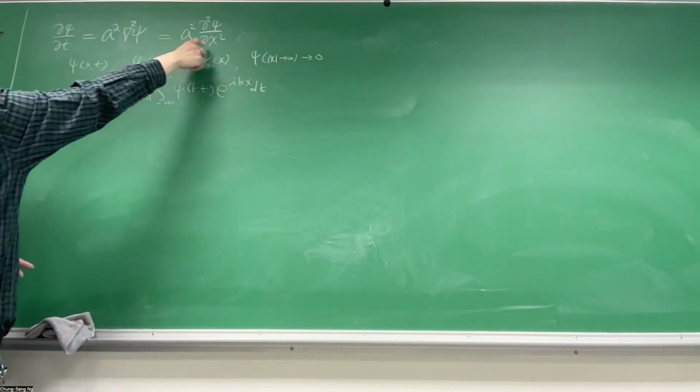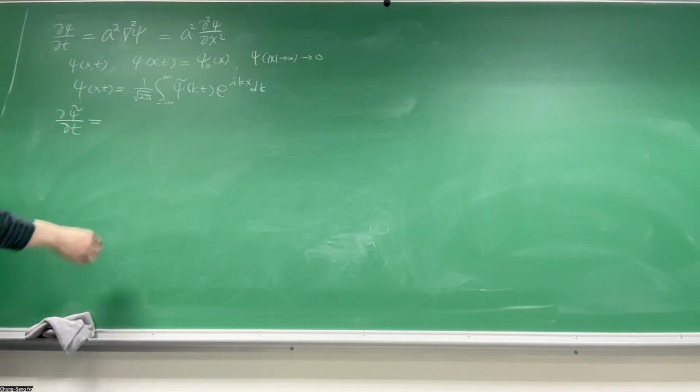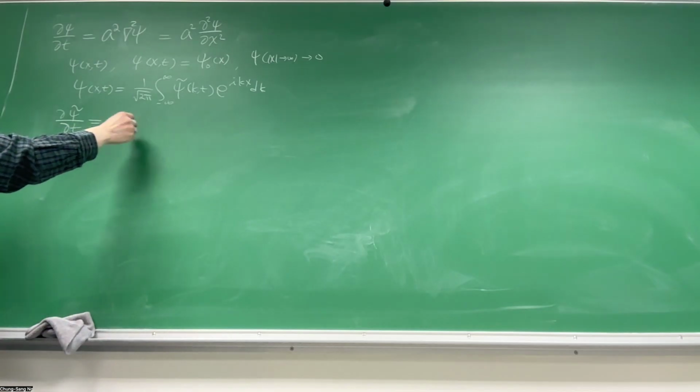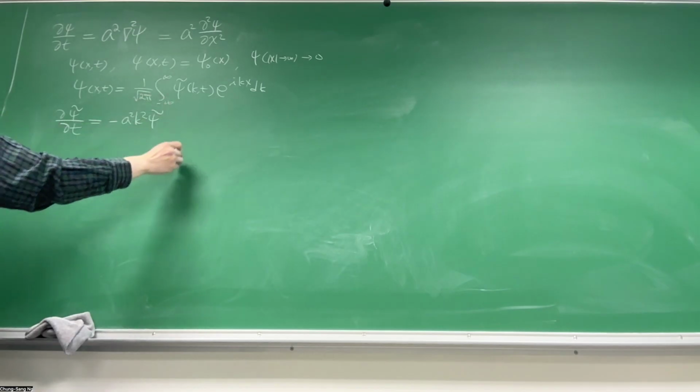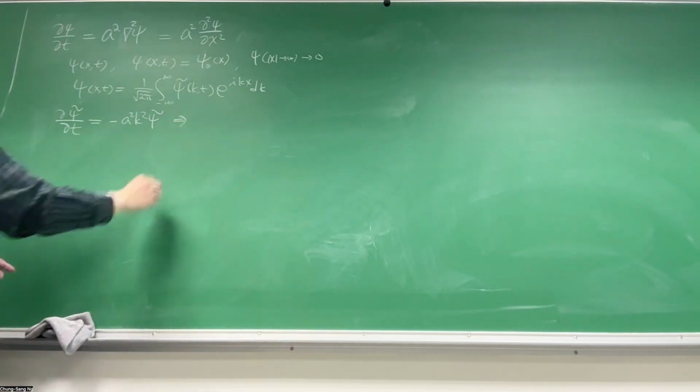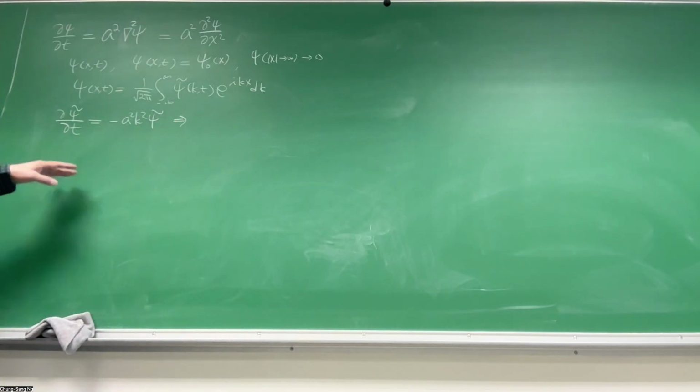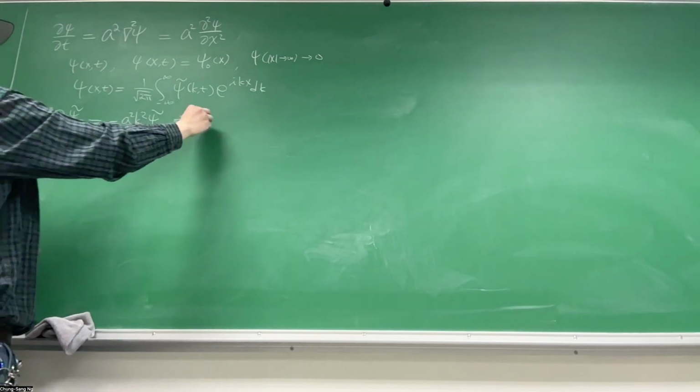which is now partial psi tilde partial t, because you know how to transform a second derivative, right? We get minus a squared k squared psi tilde. Now the solution is straightforward, right?